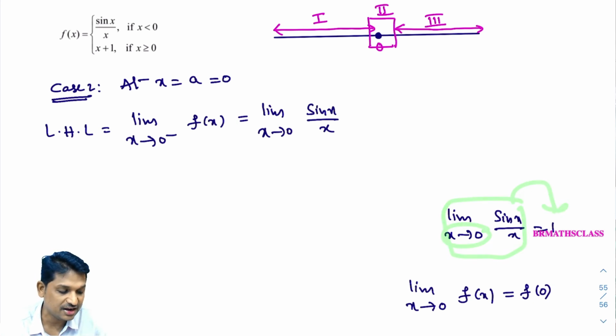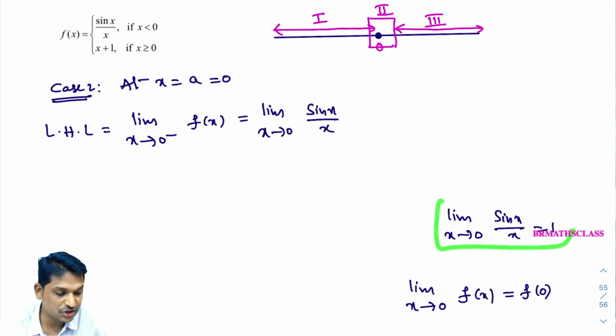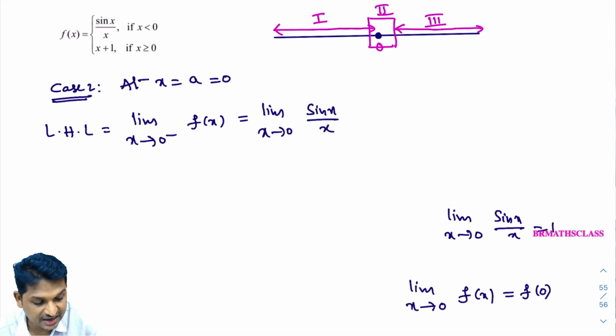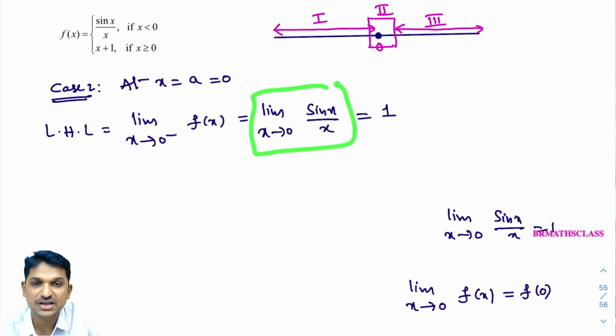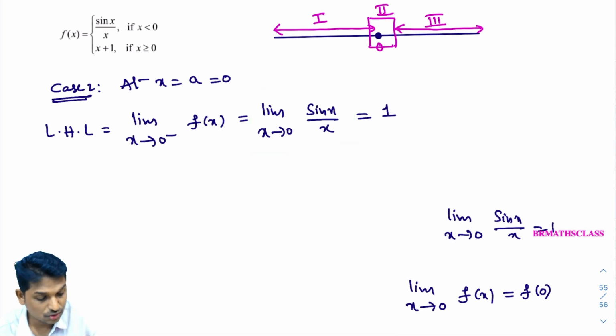Then only we say that limit x tends to 0, sin x by x value is 1. As we proved this theorem, I can directly write from that theorem that this value is 1. You do not go by the direct method. You don't write sin 0 by 0, an indeterminate form you will get. This is the formula we derived in the limits chapter. So the left hand limit I calculated, I got 1.